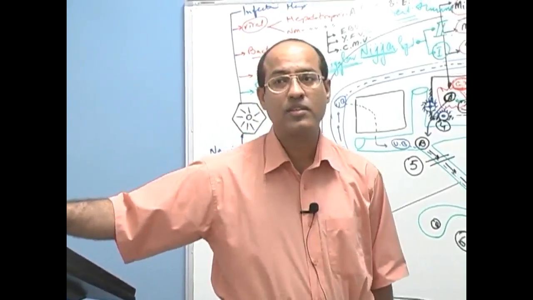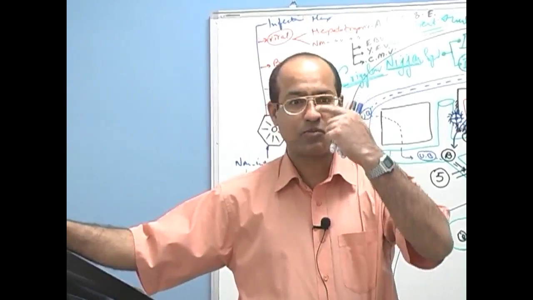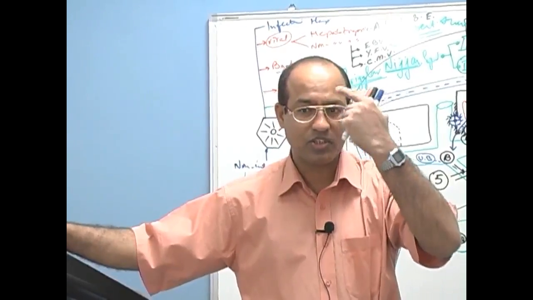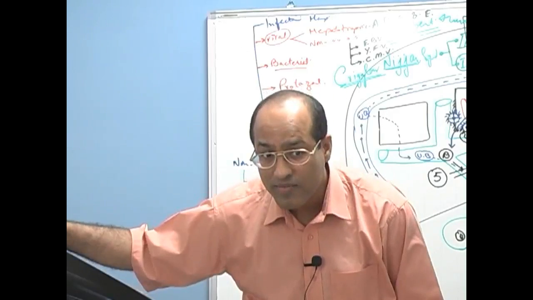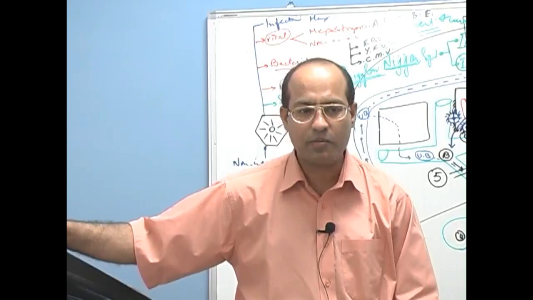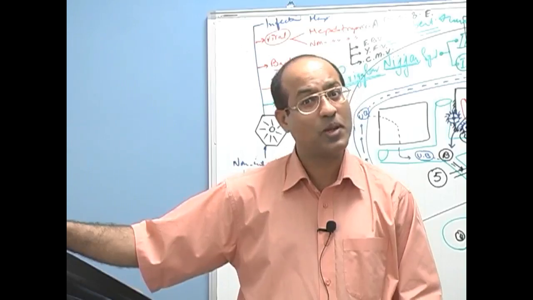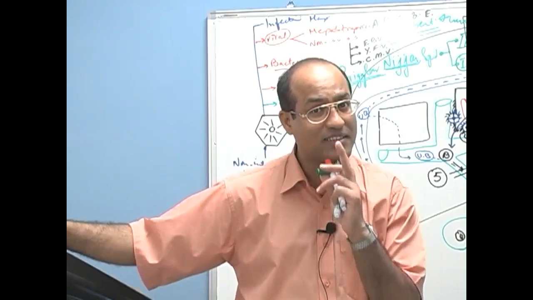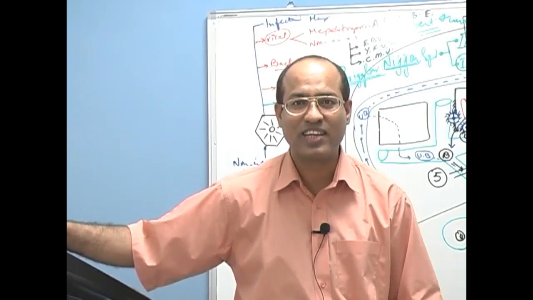What are those 3? Wilson's disease, in which you make a special type of copper deposition ring at the junction of sclera and the cornea at the limbus. That is called the Kayser-Fleischer ring, right?